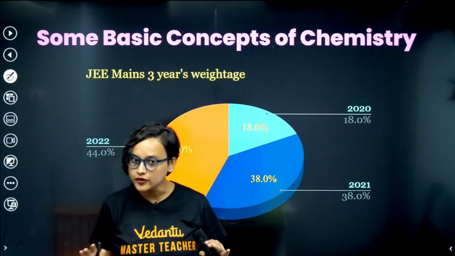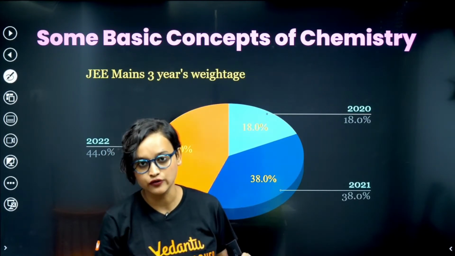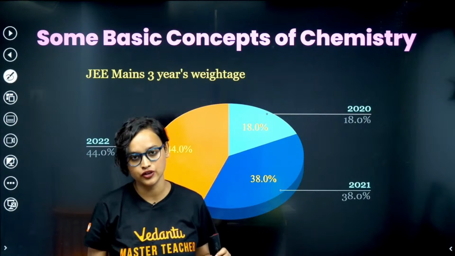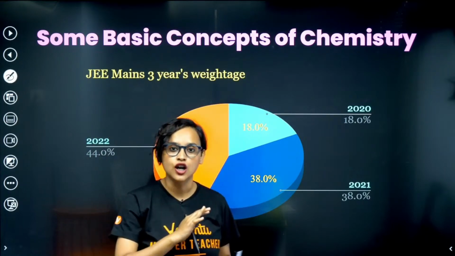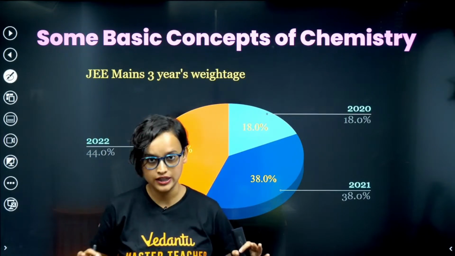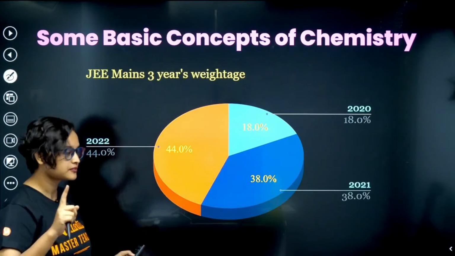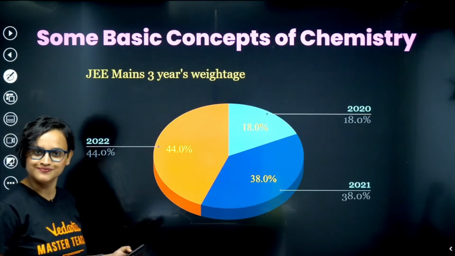Obviously we will not be finishing the whole chapter in one day, since I am taking this chapter for the first time on this channel. I will not be skipping anything. So now let's begin.